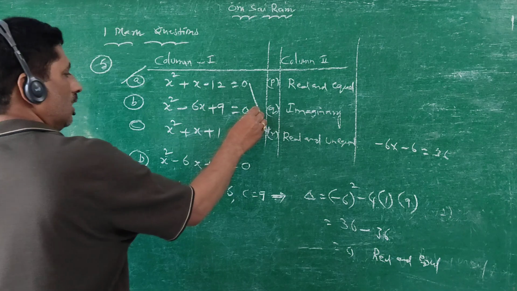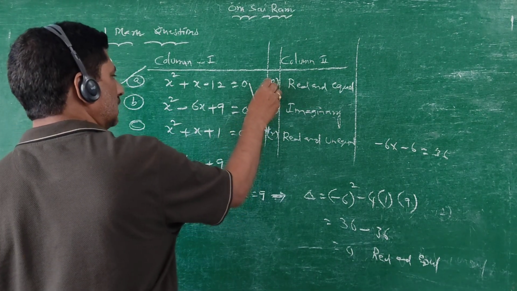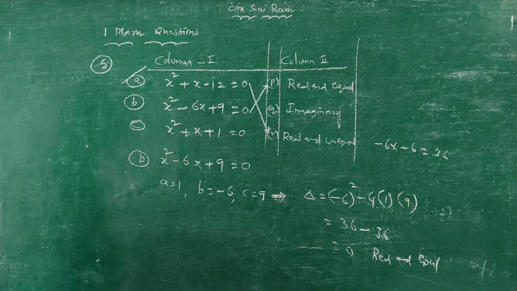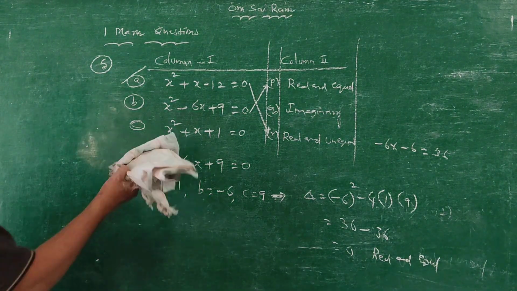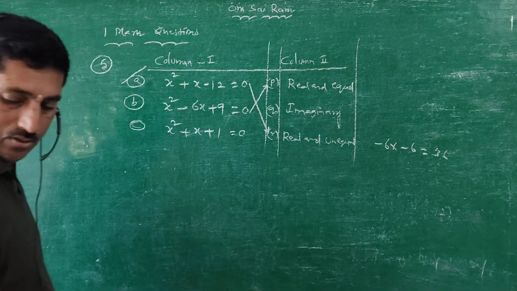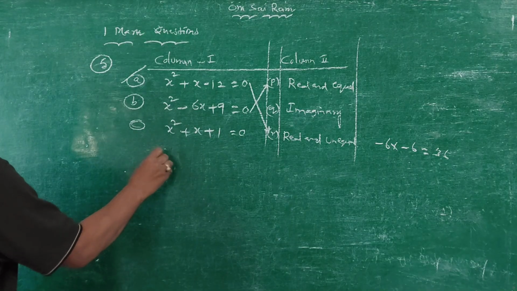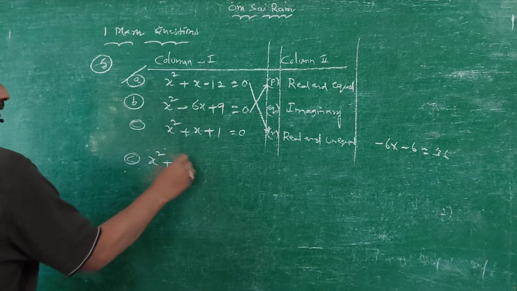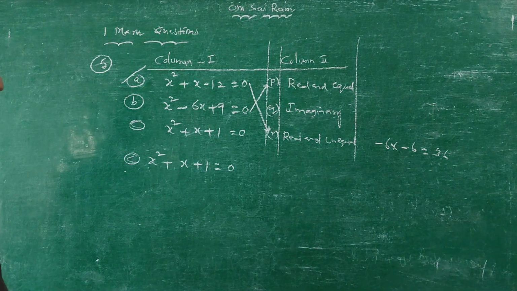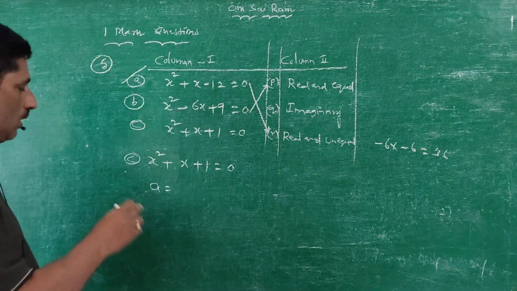Which option? So this B we have to match with P. Real and equal. Next, the third one, C. The third question is x square plus x plus 1 equals 0. Then we compare this equation with the standard form.